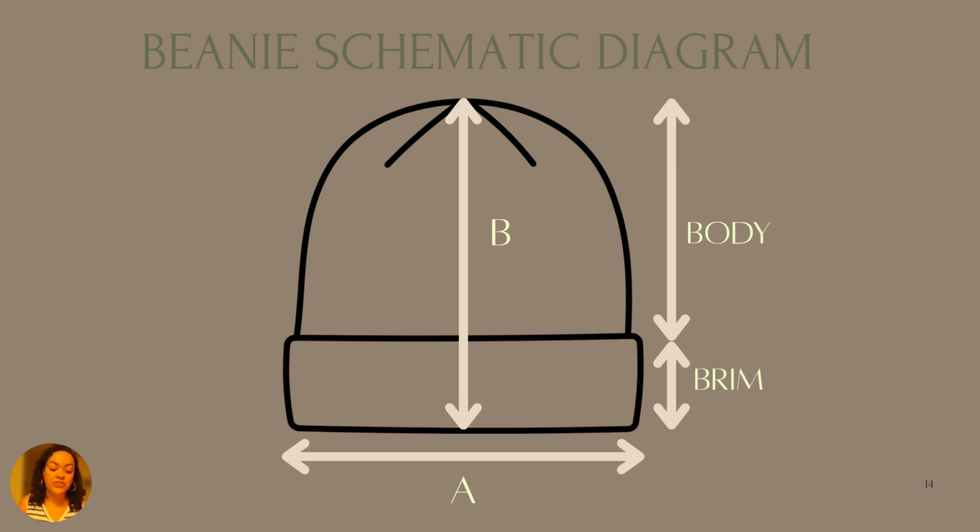So in our exercise earlier, we tape measured the forehead to the nape of our neck. That would be size A. We measured from ear to ear. That would be size B. And ear to ear would technically be the B measurement without the cuff. And then, of course, the brim.